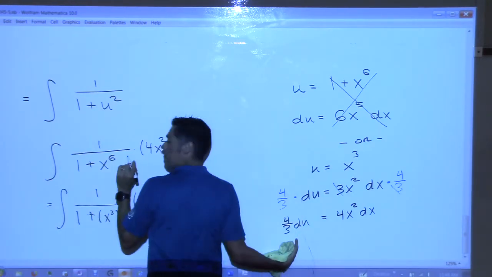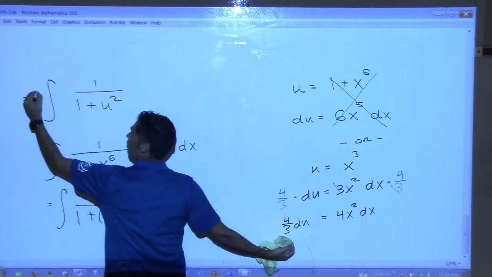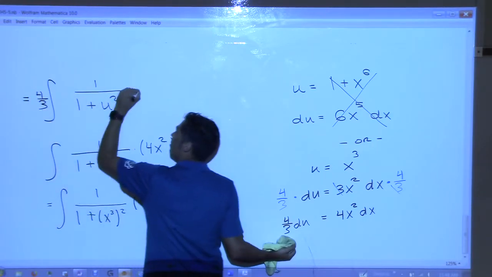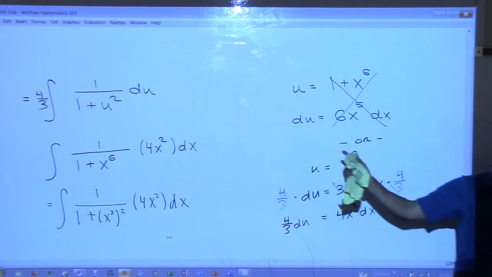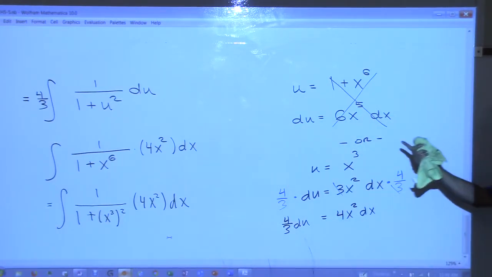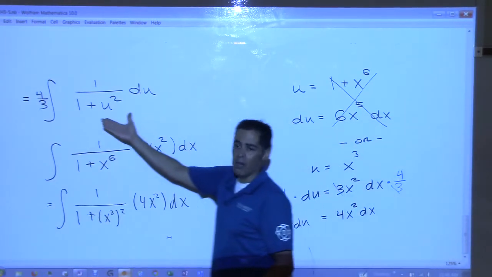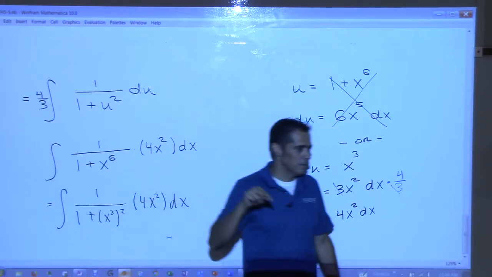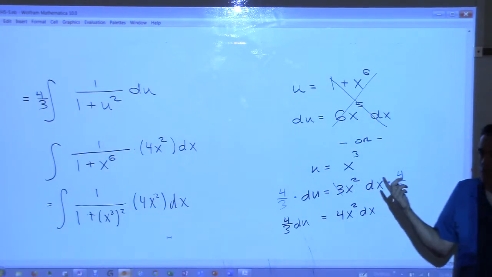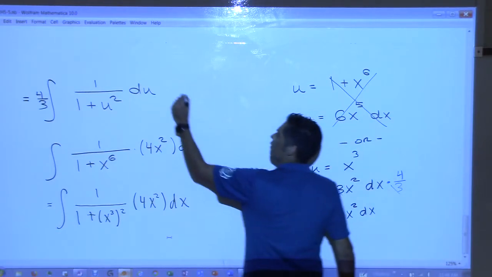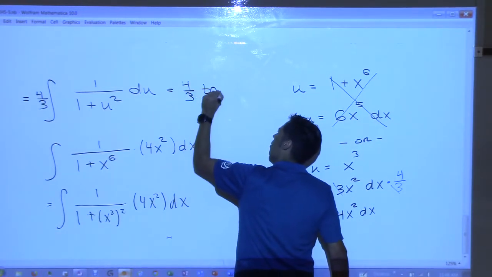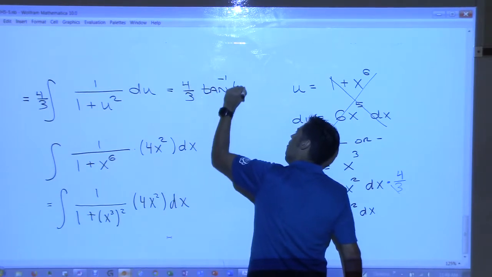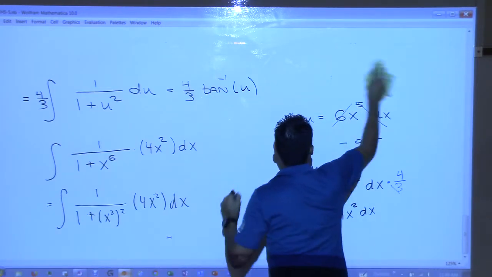Yeah, so 4/3 du, and you're going to pull the 4/3 outside and slap your du. Now, Ricardo, why are we happy to see that now? Yeah, that's one of the antiderivatives we should know. I put stars next to it, right? That's arctan of u. So this just becomes 4/3 comes for the ride, arctangent of u, and then plus our constant, right?